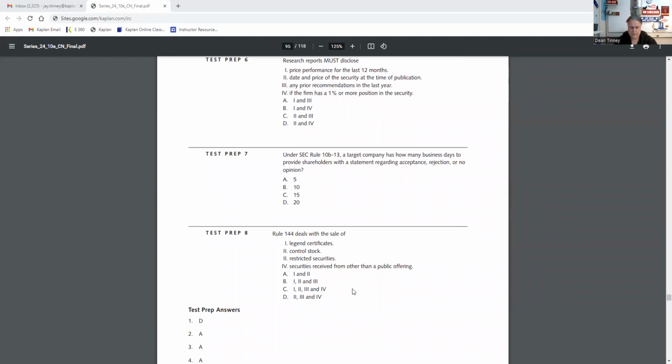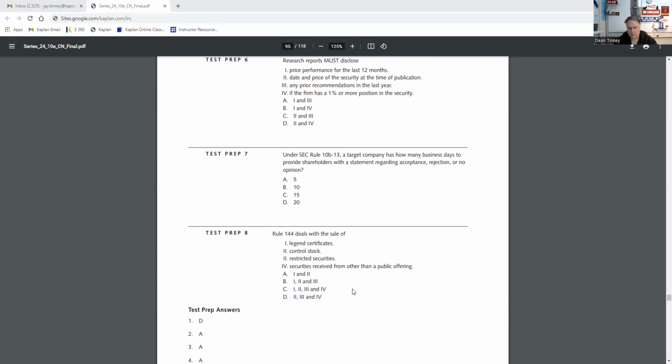Rule 144 deals with the sale of, again, 144. We call a lot of words for the same thing. Legend stock, because in the old days, they had red letters, said stop transfer. So some people refer to unregistered stock to this day as legend or lettered stock, red letter stock. It's restricted stock, right? So lots of language, but 144 certainly deals with the holding period.